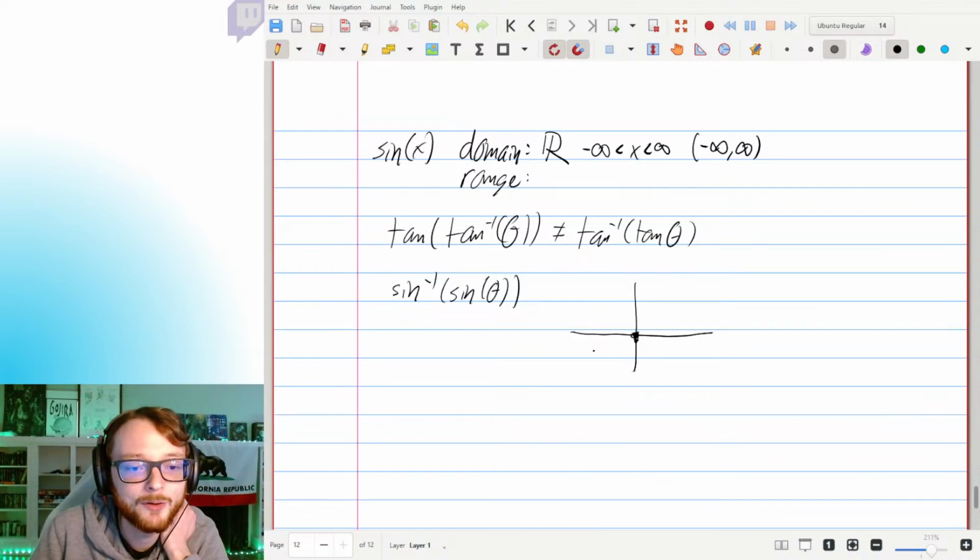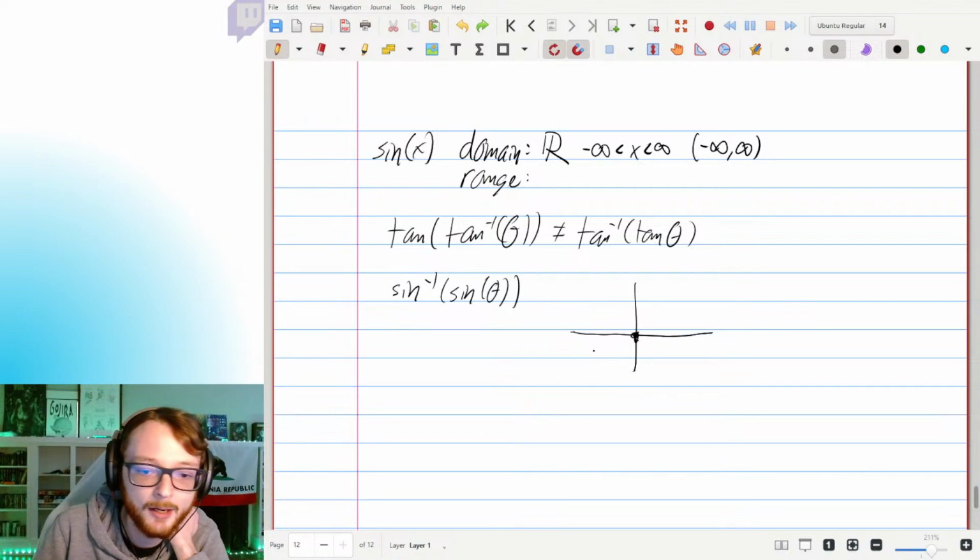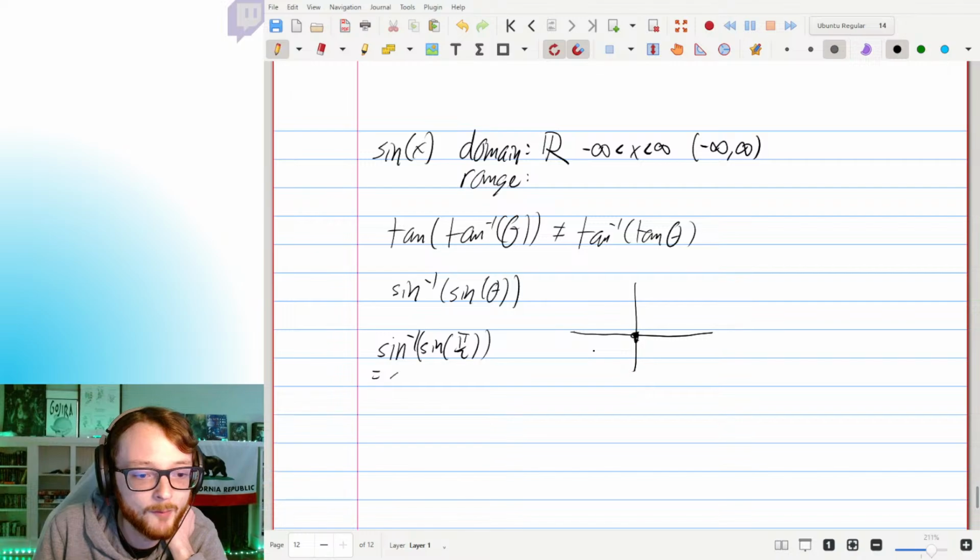Okay, so yeah, I think just plug in points that are easy. So pi over 2 is the next kind of easy point to plug in. And sine of pi over 2 is 1. Inverse sine of pi over 2. Oh, sorry, let me just write this out. I'm not doing a good job of saying it verbally.